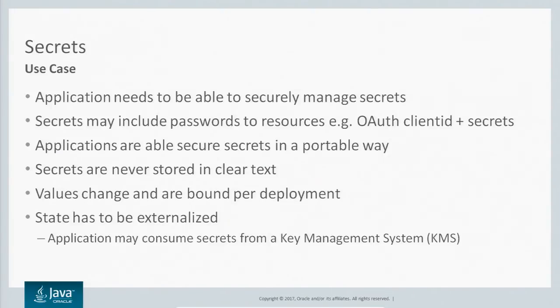Values can change and be bound per deployment, meaning that you have an application that has a reference to some secret, but when you deploy that, the actual value of the secret might be different. State needs to be externalized, or at least externalizable. An application may consume secrets from a key management system. And there's more and more of those showing up in clouds.